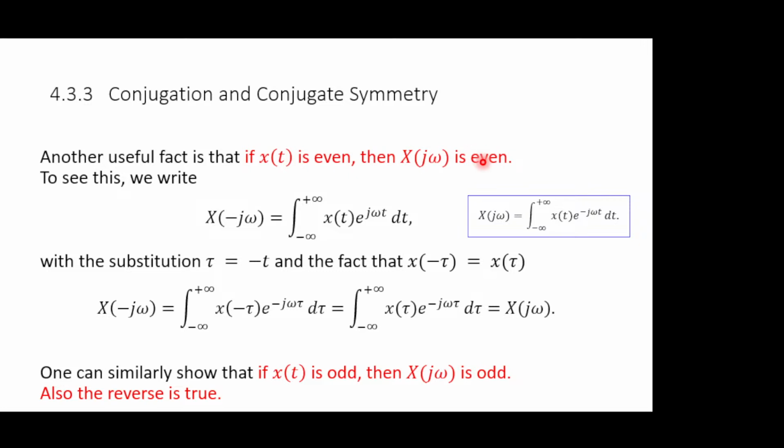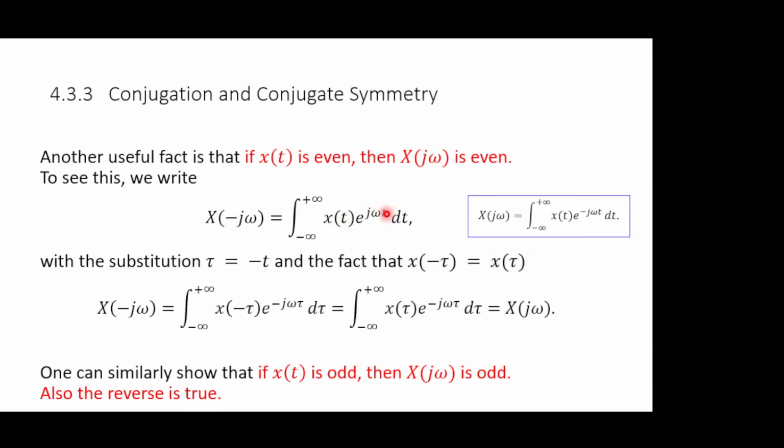We first start with this Fourier transform equation, then we swap omega to negative omega. So we have big X of minus j omega equal to this integration, where things are all the same but omega is replaced by negative omega, so we don't have a negative sign here. Then we do a change of variable and use the fact that x is even.